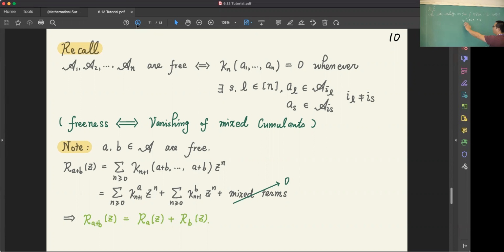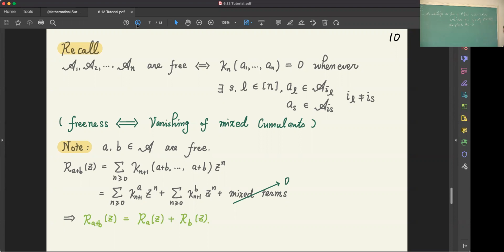Just i1 and i2 need to be different, i2 and i3, and ij and ij plus 1. And for each a_j, we choose an element from the algebra A_{ij} and force it to be centered. Under this definition, we want phi of a1, a2, up to ak to be 0. That is the definition of freeness.